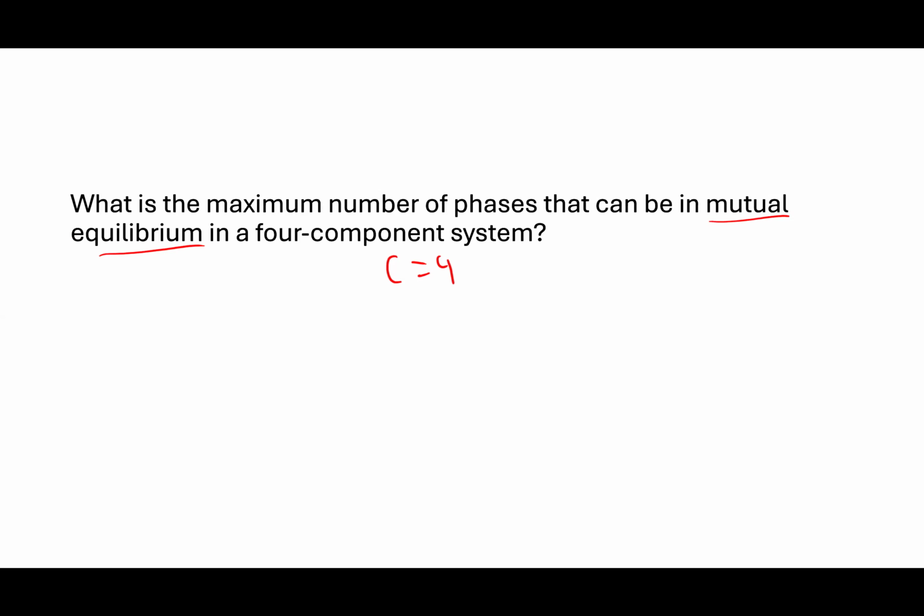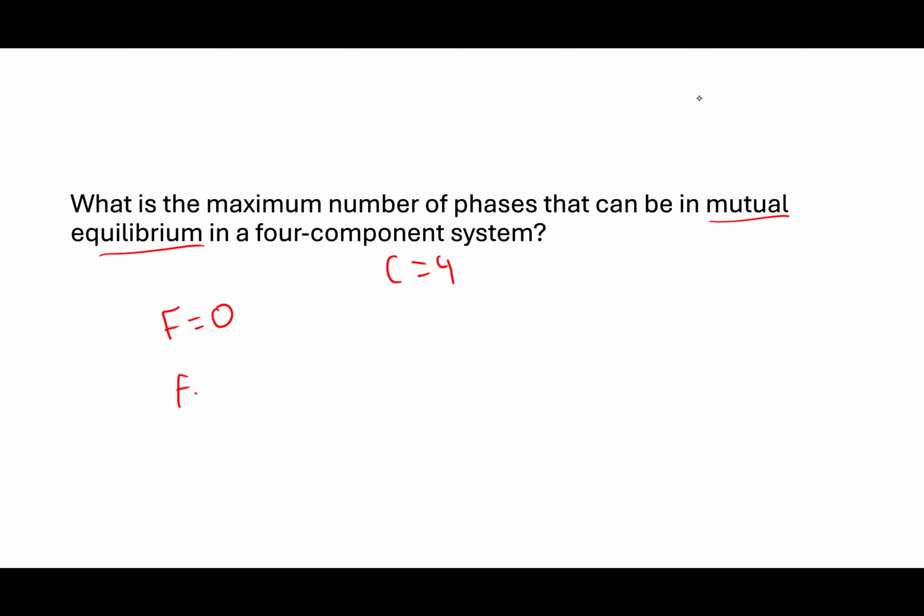For any of these phases, the lowest possible value of our degrees of freedom is going to be 0. We can't have negative 1 degrees of freedom, that doesn't make any sense. So the maximum number of phases is going to be with respect to the lowest degrees of freedom.